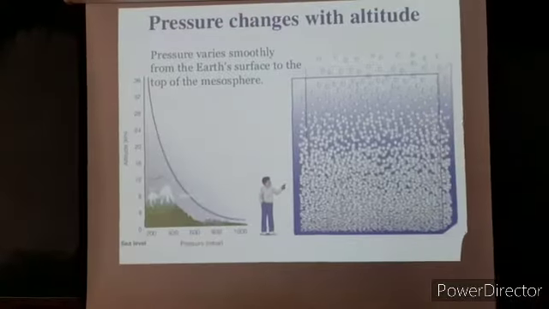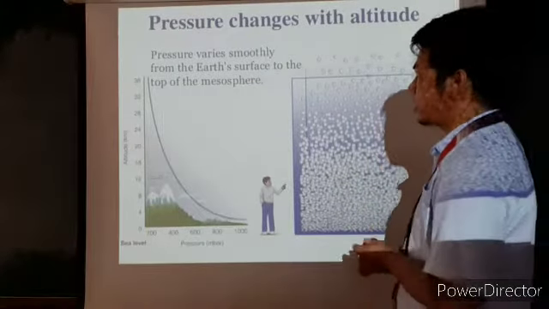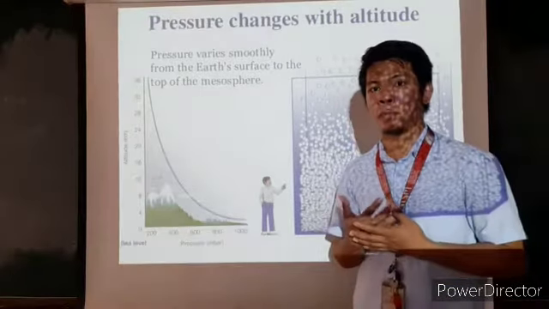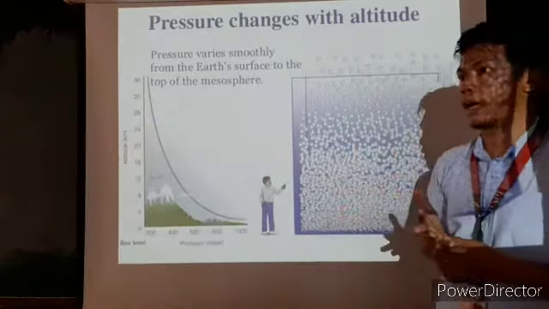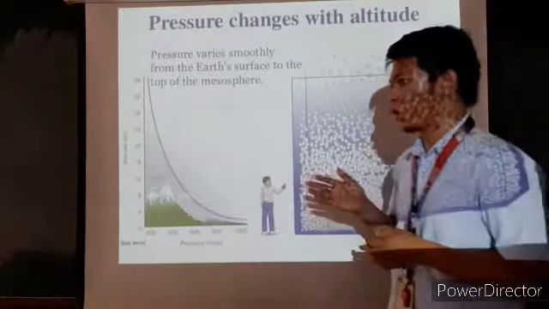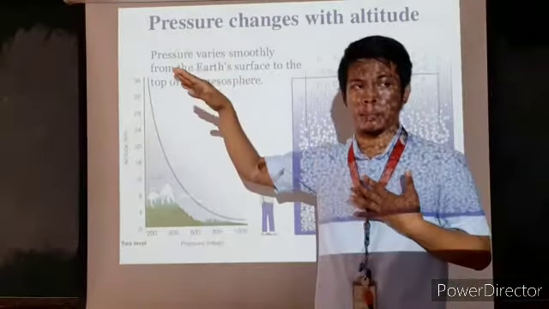Okay, so let's have pressure changes with altitude. So pressure varies smoothly from the Earth's surface to the top of the mesosphere. So one of the best examples of this is if you are riding a plane or nakasakay ka sa plane, di ba? So as the plane goes up, parang normal lang yung nafe-feel natin, di ba?